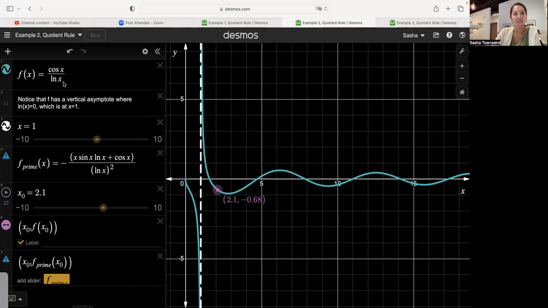I want you to notice that the function is only well defined when x is positive. So we're only going to have a graph to the right of the y-axis, and it's going to be undefined when the natural log of x is 0. Natural log of x is 0 when x is equal to 1. So I've graphed that vertical asymptote there at x equals 1.